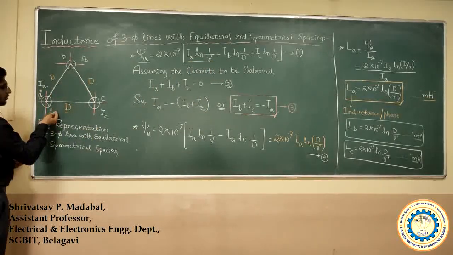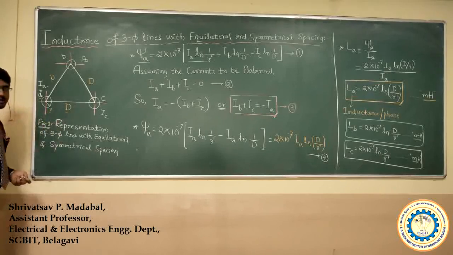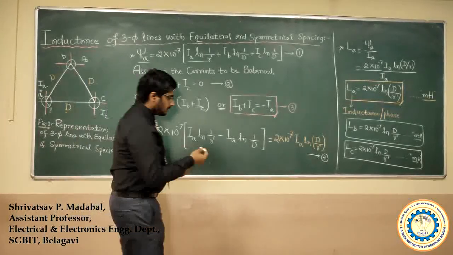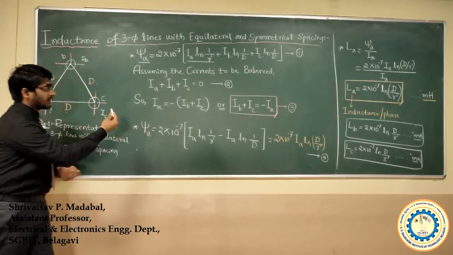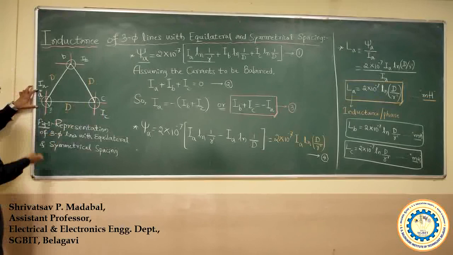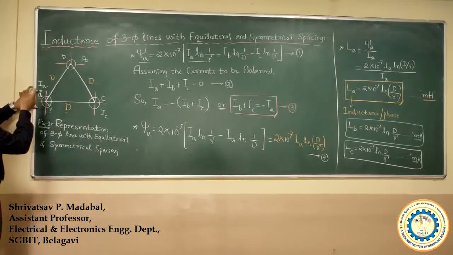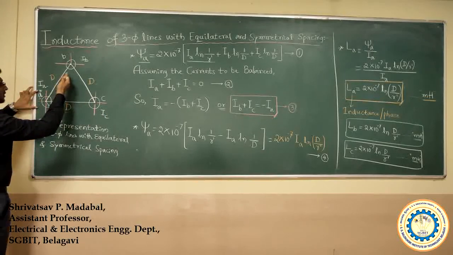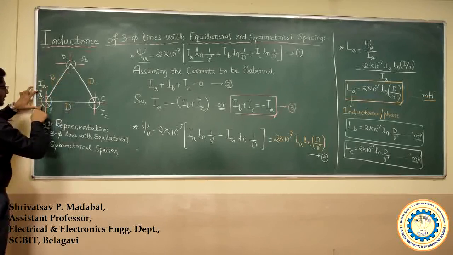So it obviously depends on the radius of the conductor. Then the second and third terms will be with respect to conductor B and conductor C. The first is called the self term.